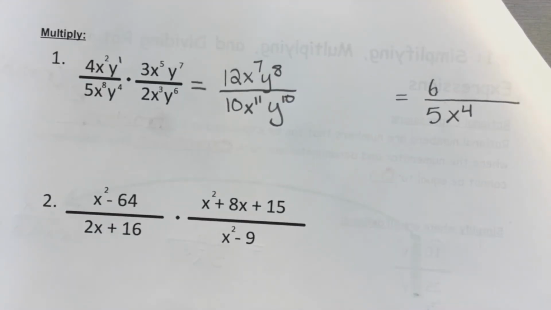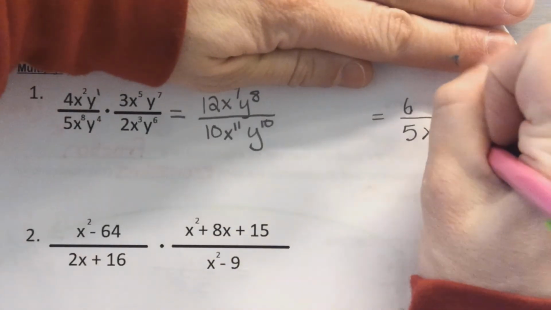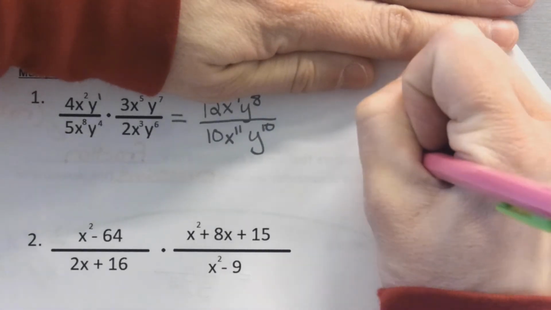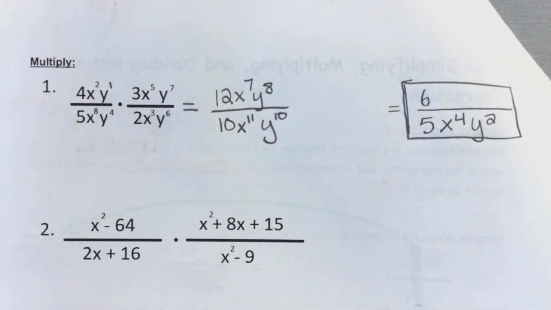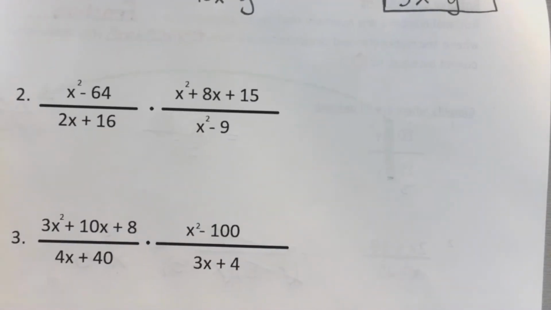What do I have left in terms of y? Y to the second, top or bottom? Bottom. So this will be my final answer. Is that okay? Questions on that one? Okay. Let's go to this one.